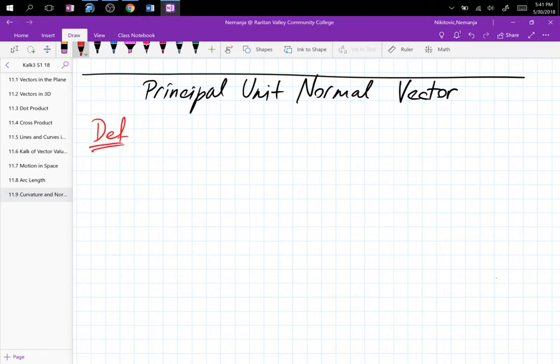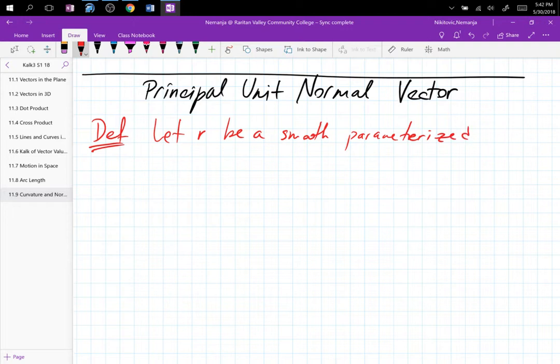Let r describe a smooth curve parametrized by arc length, and define the principal unit normal vector. So let r be a smooth parametrized curve by arc length.